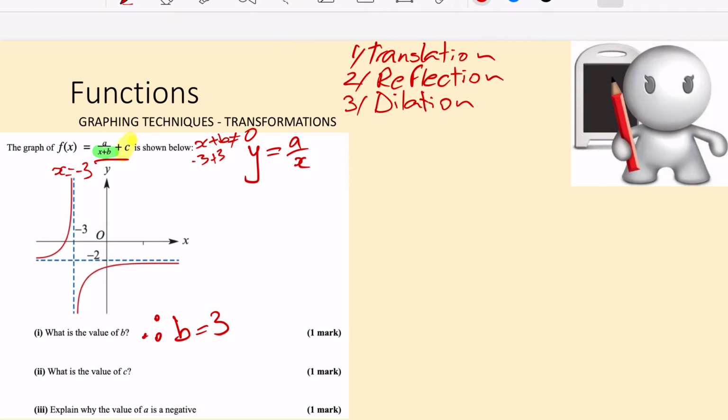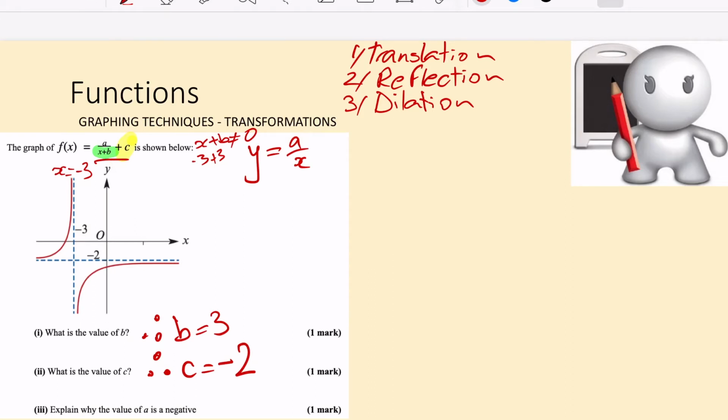Okay, so it's been translated 3 units to the left. Now c is a straightforward answer. This whole function has been moved 2 units down.